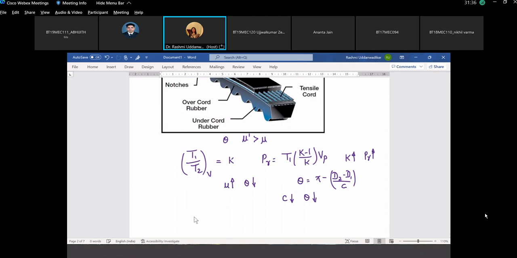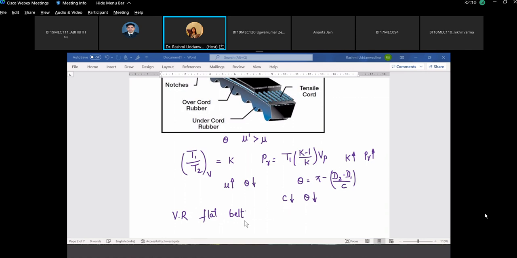And if we talk about the velocity ratio, I told you, what is the range of velocity ratio for flat belt? 4 to 10? Till 10? No, it's too high.